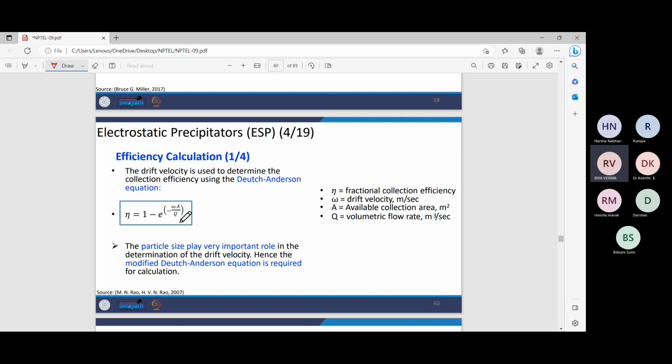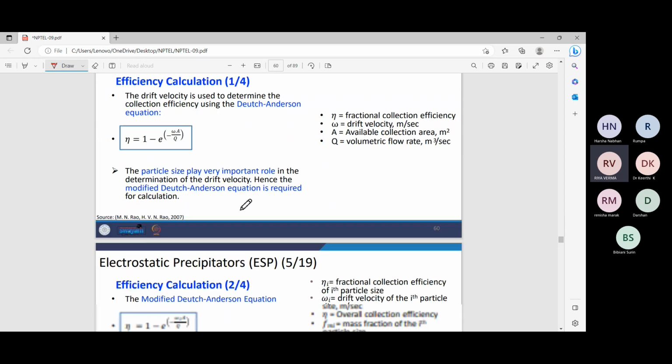So if they want to twist this question, instead of finding out the efficiency of this ESP, they may give you the efficiency of the ESP, and they may ask you to find out the area of the collection plates, this A value, or they may ask you to find out the drift velocity of the gas. So that's how the questions may be formed in the question paper.